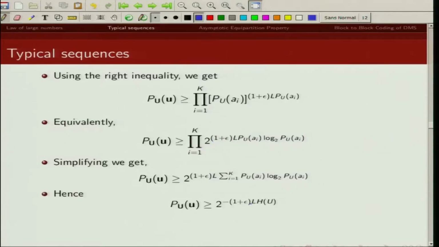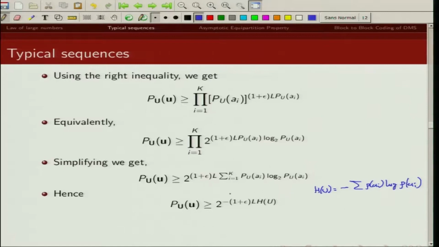Now this minus of summation from 1 to k of P(a_i) log P(a_i), that is basically given by the entropy function. So entropy function we know is minus summation of P(a_i) log P(a_i), right?